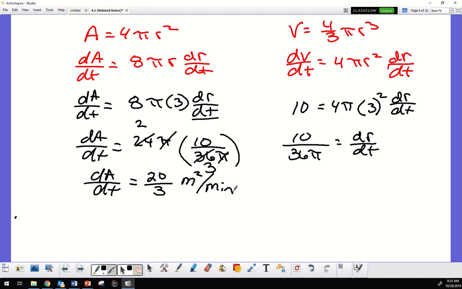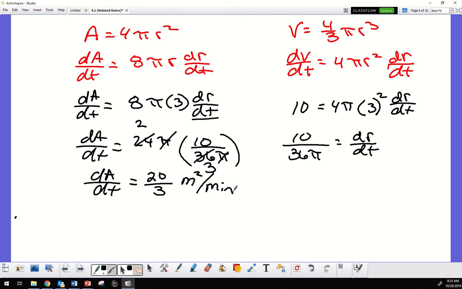So when r is 3, so the radius is 3, not time, it's going to be 20 over 3 meters squared per minute. So that's the rate that it's increasing. What if this was negative? It's decreasing. So the balloon would be getting smaller, right? So if it was negative, it would be a negative rate, so it would be decreasing.